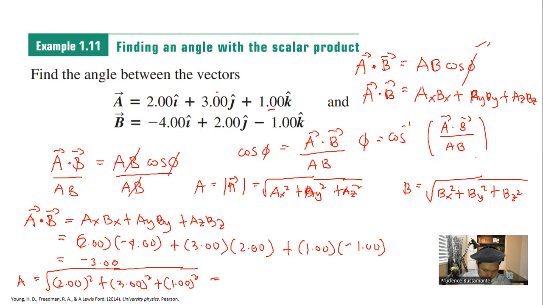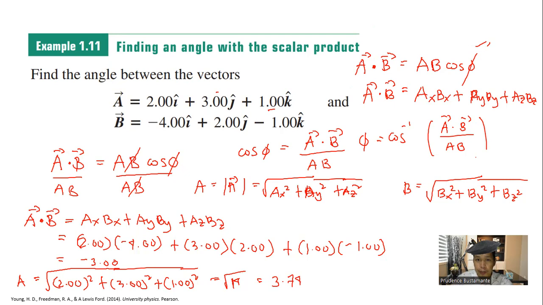The square root of 2 squared plus 3 squared plus 1 squared. So we have the square root of 14. Square root of 14 or 3.7. So in 3 significant figures, 3.74.